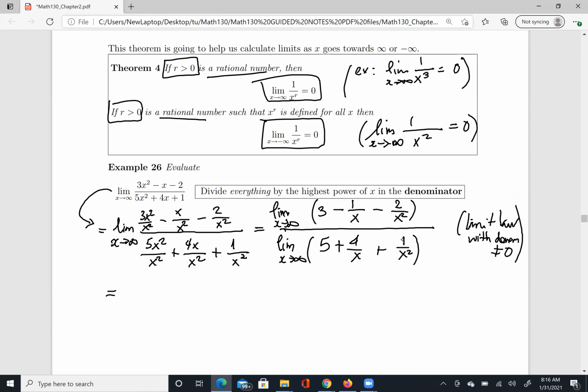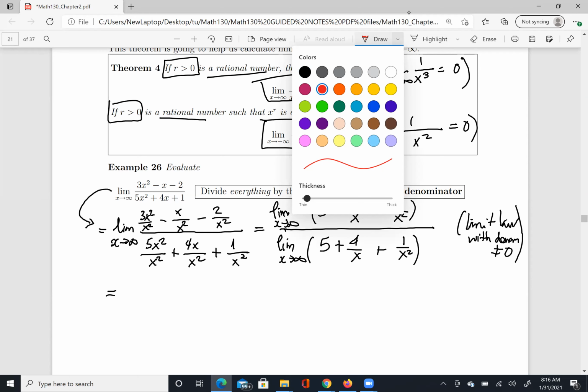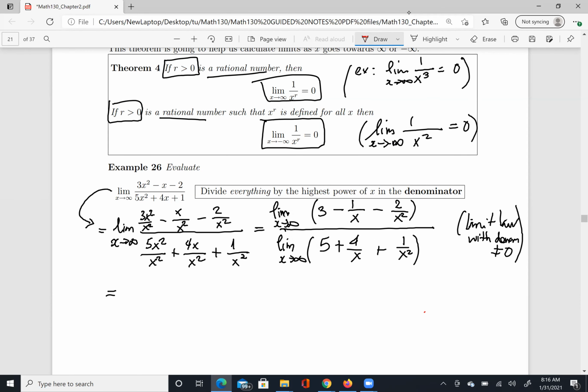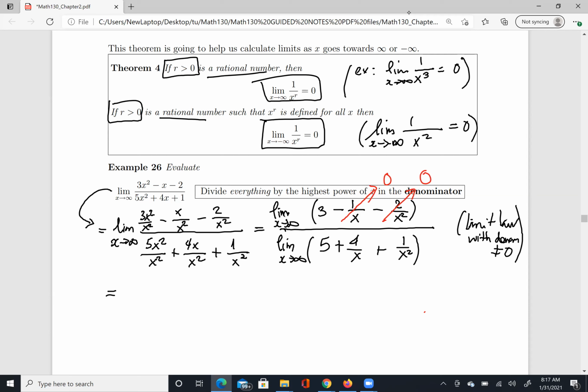Let me change to another color, the red one. You can easily see that if you take the limit of 1 over x when x goes to infinity, it's 0, right? From theorem 4, it's going to go to 0. Also, 2 over x squared is actually 2 times 1 over x squared. That's also going to go to 0, because of theorem 4. See that?